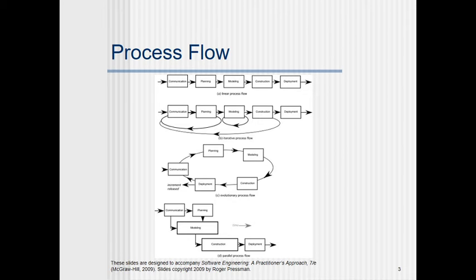Before the planning, we again recycle to the communication in a cycle, and then go to communication and planning. Then finally we go to modeling. In the modeling, we again go modeling and modeling and modeling. It is again a loop, and then we go for the construction. Again, if it is not completed, then we loop back to the communication, and finally we go to the deployment. So this is the iterative process.